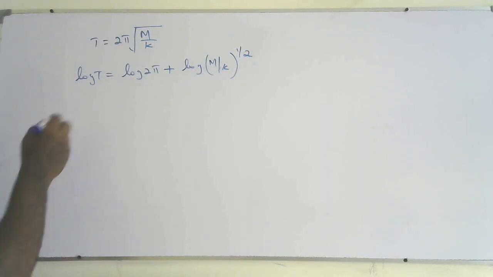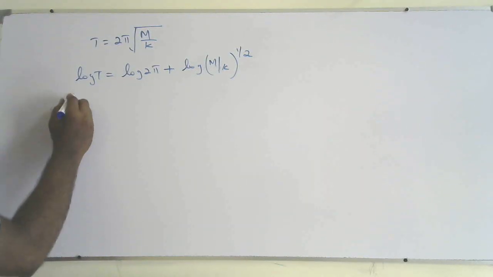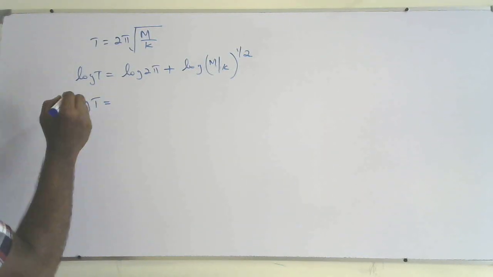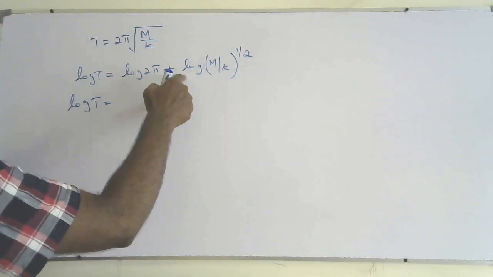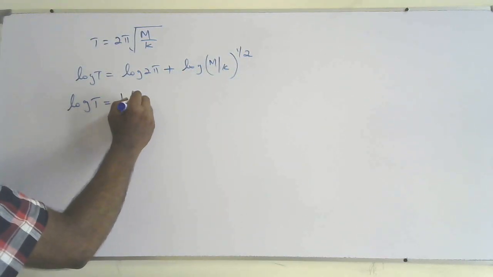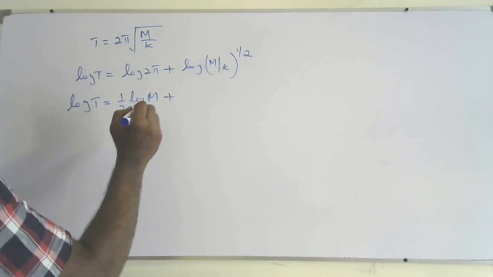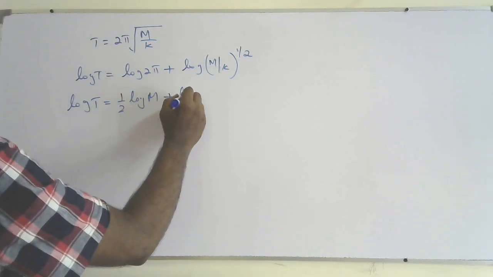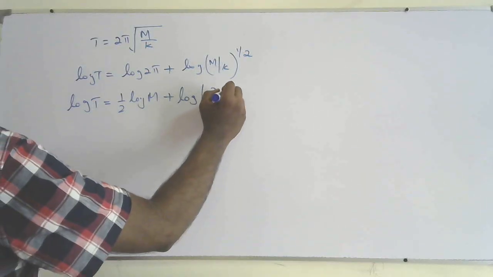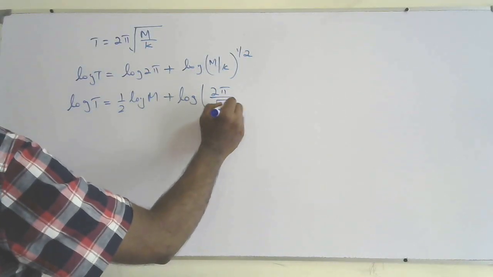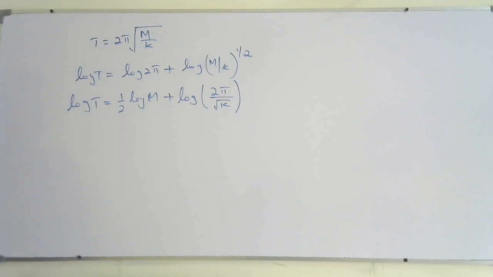I can rearrange this: log t equals half log m plus log of 2 pi over square root of k. That's the way you are going to get it.